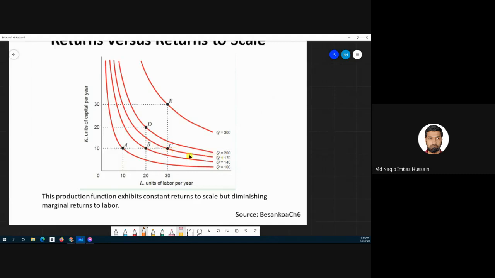Okay, and also look at the effect of scaling. If you scale up, that means your input was 10 and 10, you were working on isoquant Q equal to 100. If you double it, if you go to 20 and 20, you are basically operating at this point. So that means your output is doubling.